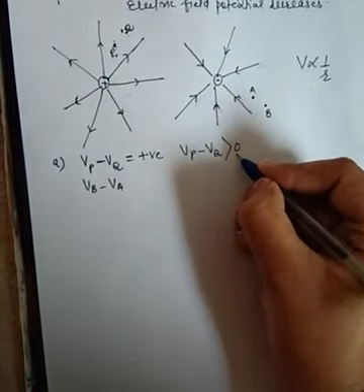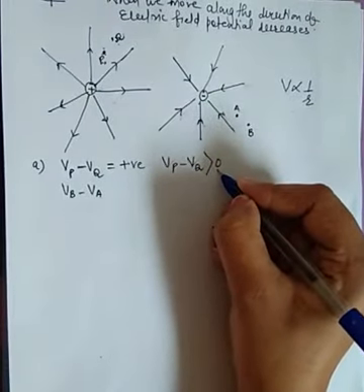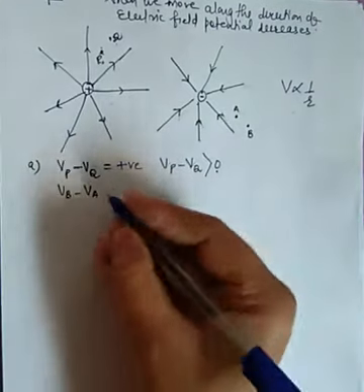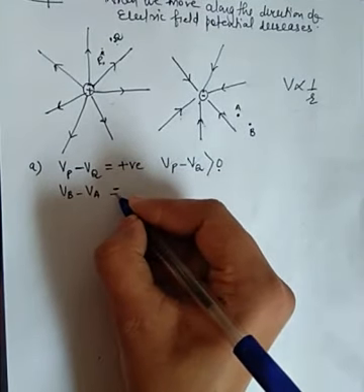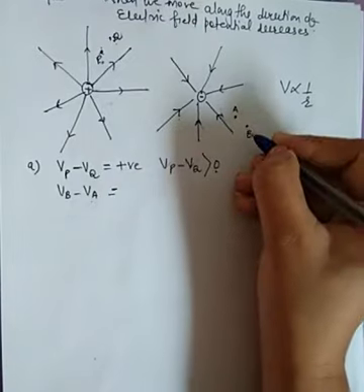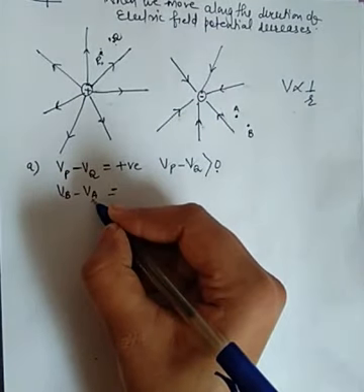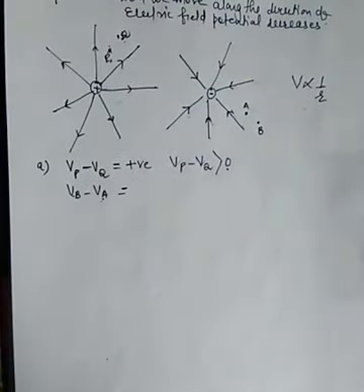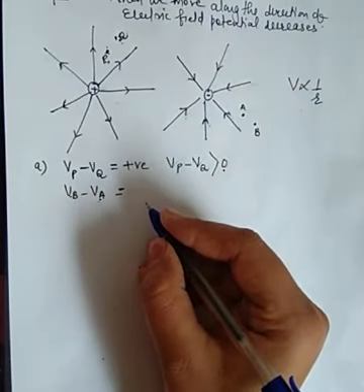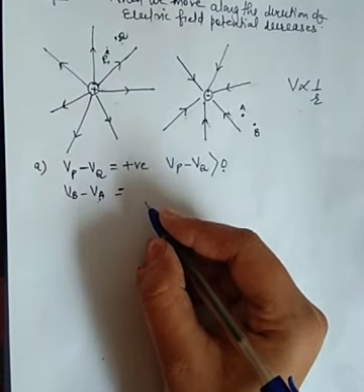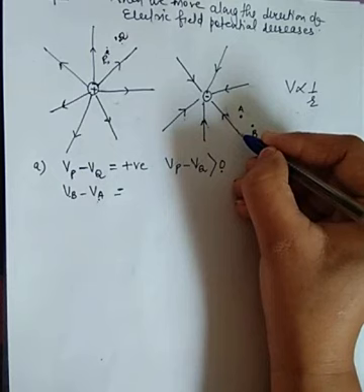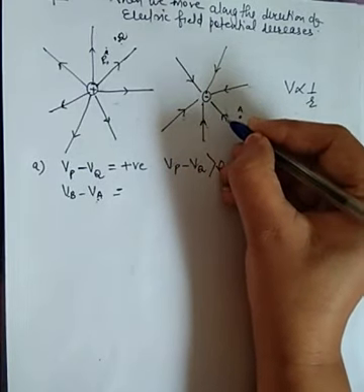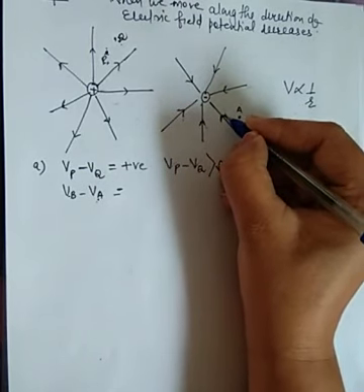Okay. So what about Vb minus Va? Vb is the potential at point B and Va is the potential at point A. With the same concept, when we are moving along the direction of electric field, potential decreases. We are moving along the direction of electric field lines. What will happen?